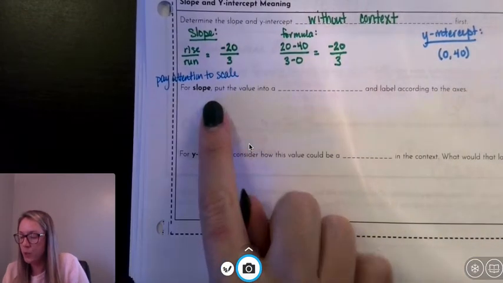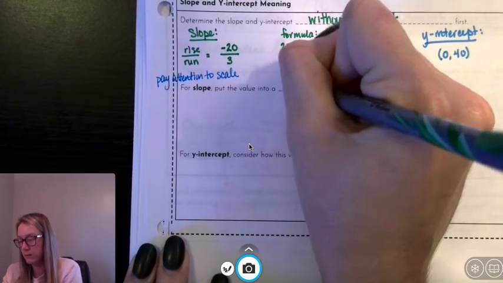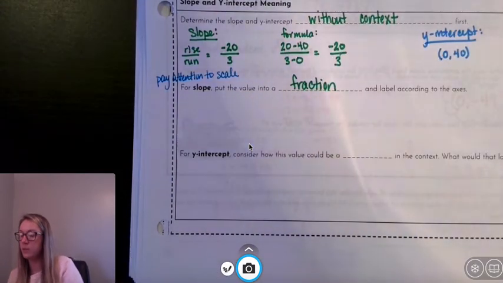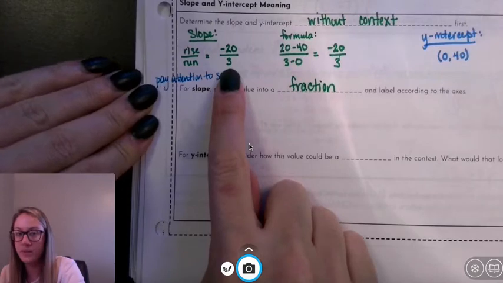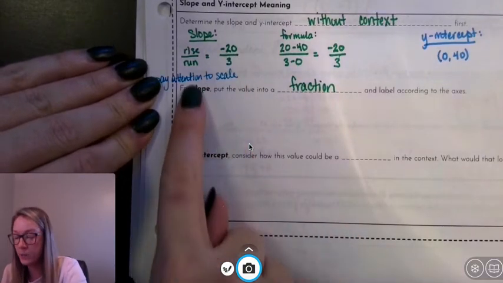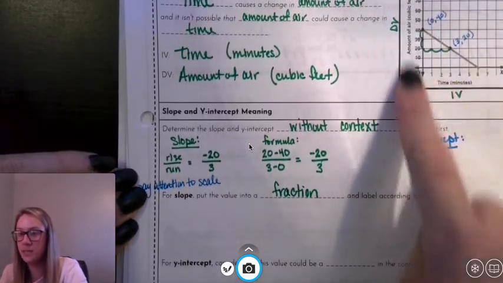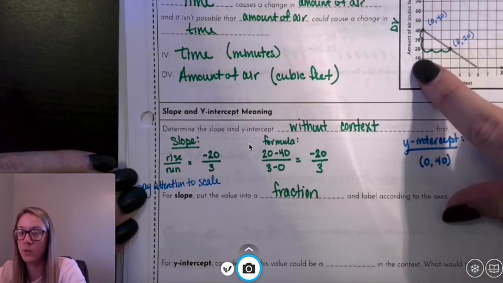For slope, we're going to put the value into a fraction and label according to the axes. And so what that means is when we have the slope of negative 20 over 3, the negative 20 was our rise, which is the up and down. So looking at our graph, that was this movement. And if it's this movement, we need that label to go with it.